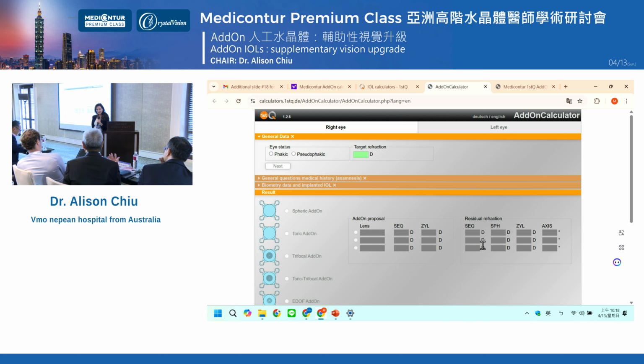Because they're happy in the non-dominant eye, most likely they'll be happy in the dominant eye with the same lens. But if they tell us after the first eye that they're not happy, they like to read up close, then the second eye, we will do the procedure in 2 stages. The first stage is we will put in a monofocal lens so that they have good distance vision. And then after a month, when their refraction is stable, we will put in the AddOn SML lens.